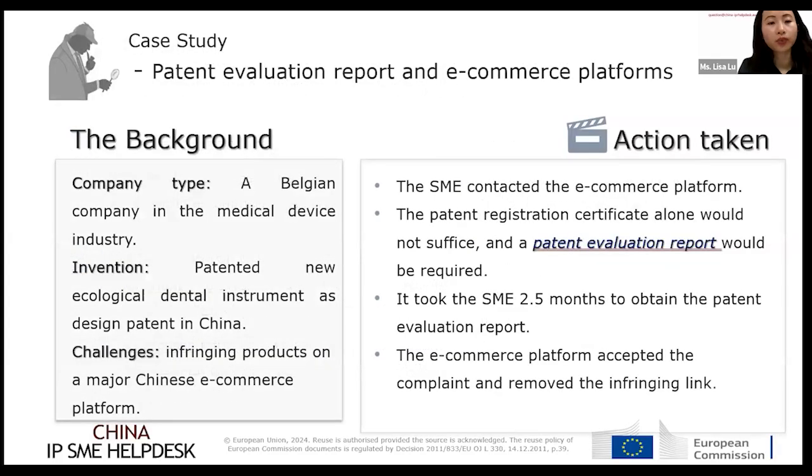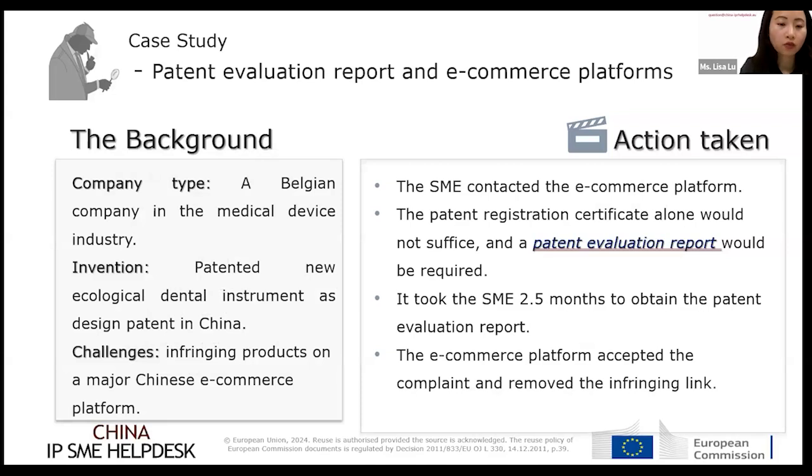I know it's a bit complicated, and here is just an example of patent evaluation and why it is important for e-commerce platforms. This is a real case we encountered in the Helpdesk. There's a Belgian company in the medical device industry.